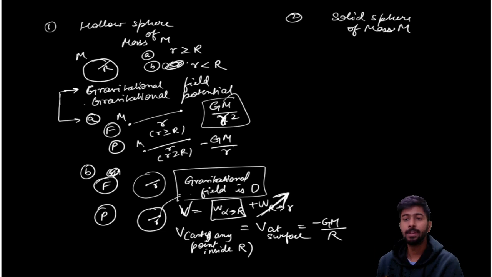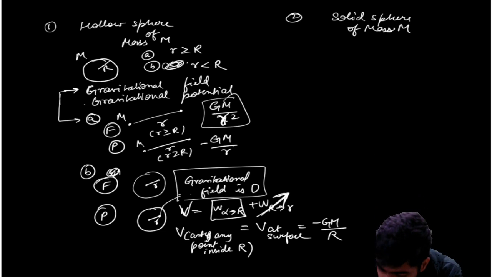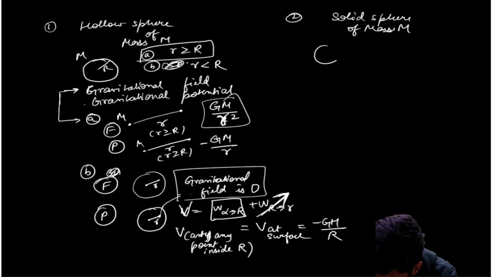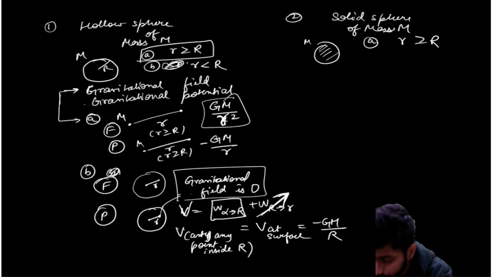Now coming to the solid sphere, a lot of things will change. Remember, this case will remain the same for a solid sphere. So if I have a solid sphere of mass m, and this first case A, where my r is greater than or equal to R, I can comfortably assume this mass to be at the center.